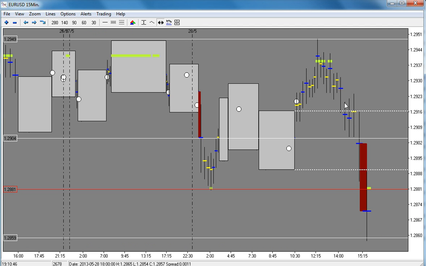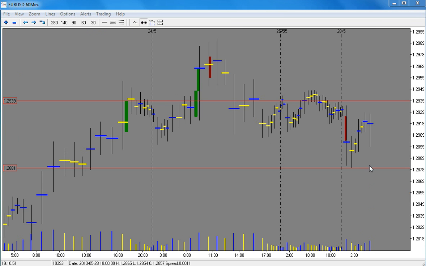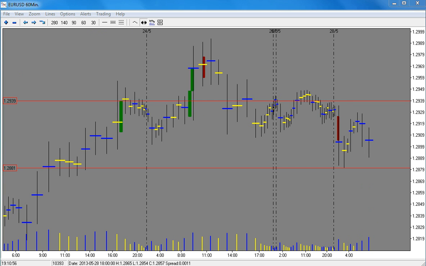Very quick, fast profit release after all this accumulation. If you look over on the 60-minute chart, you could be forgiven for thinking there that this is a stop take. It's just fading back down. Well, not fading back down, but this is the manipulation down, and then you can get on board.